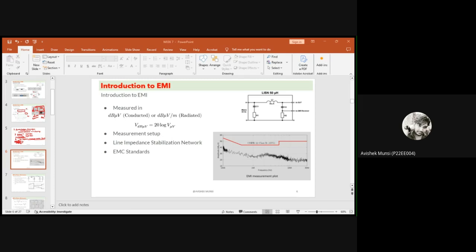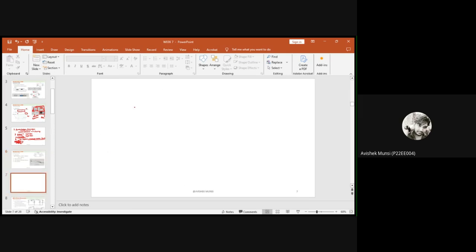Okay, fine. So we're going deep into the LISN, that is, as I said, the line impedance stabilization network. If you draw a diagram, see what is inside this LISN. Basically, it comes like this kind of device.